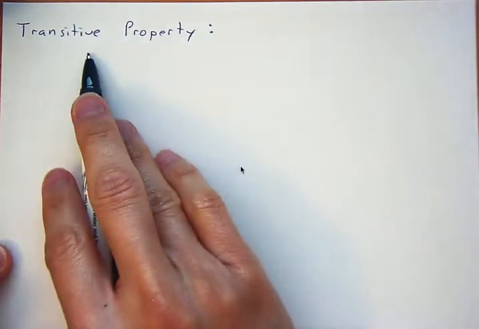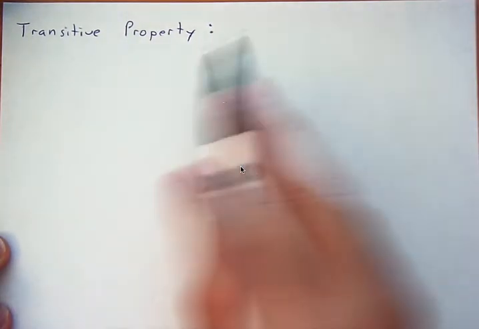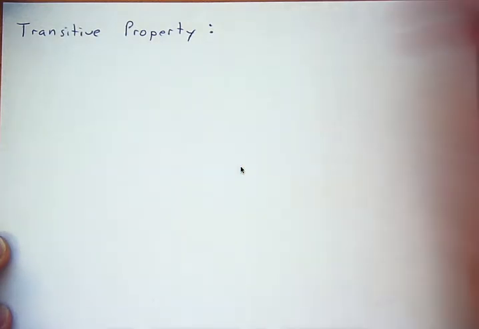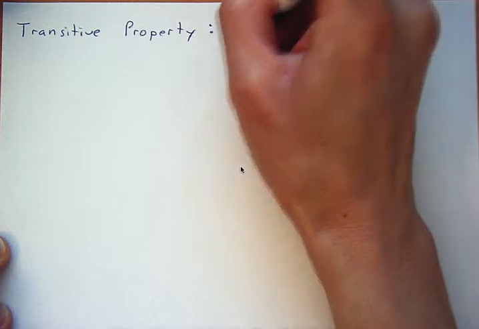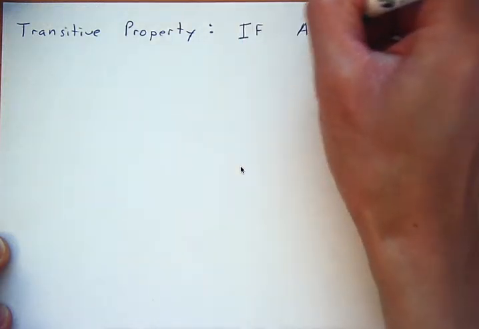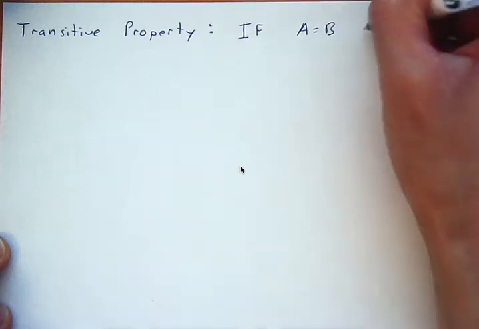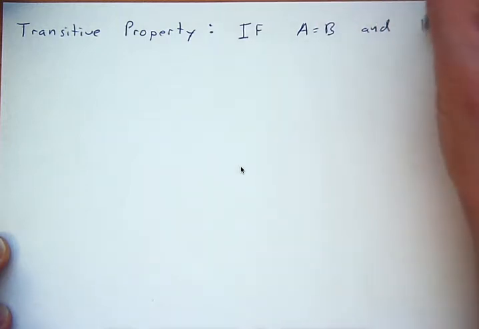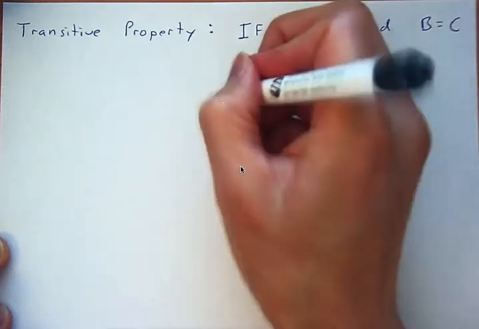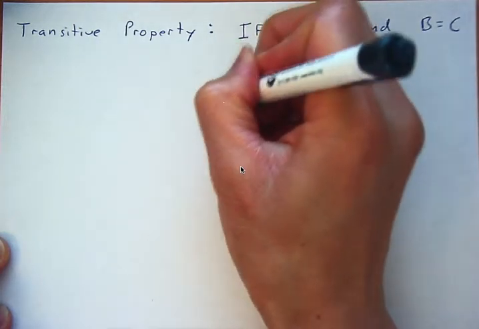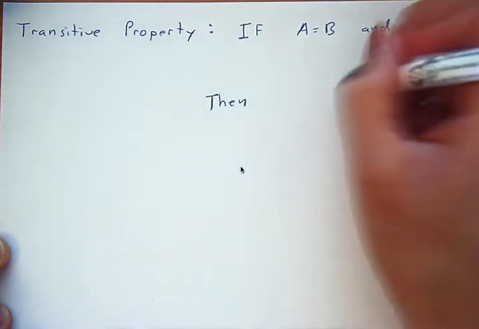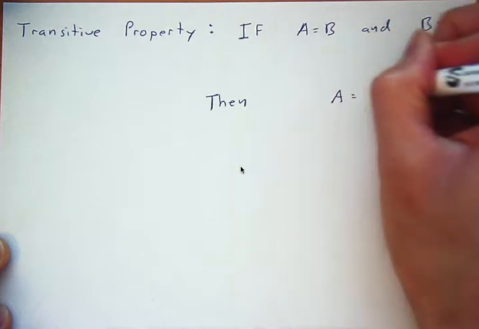And the transitive property basically says that if you have a equal b and you have b equals c, then you know that a is equal to c.